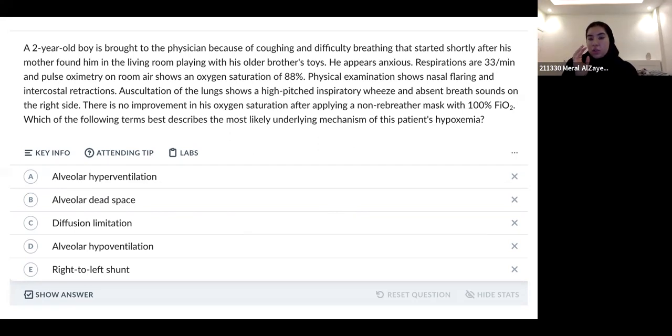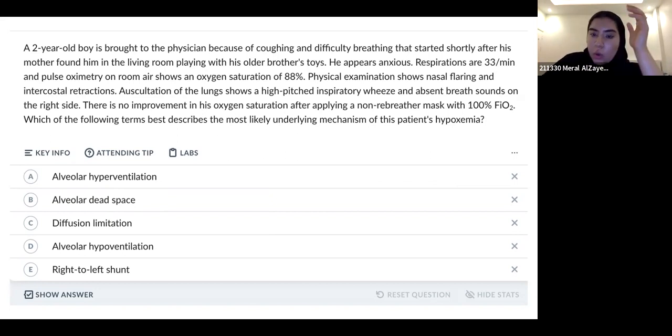Why? Because we know the oxygen saturation. What's the normal oxygen saturation? You guys know the normal oxygen saturation? The normal oxygen saturation is 95 to 100.